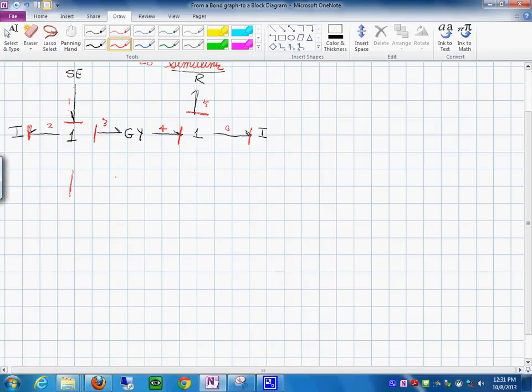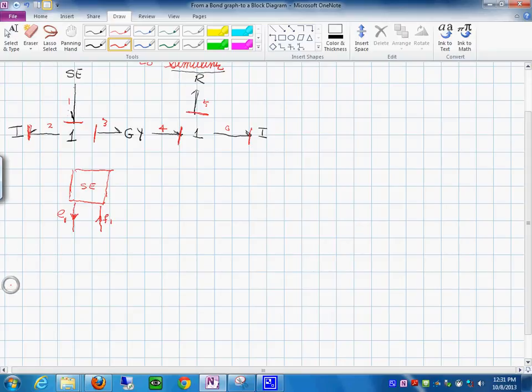So in this case we will do the modeling for the SE over here with the two signals here. One, that is SE, is what is going out of this. This is E1, and this is F sub 1.